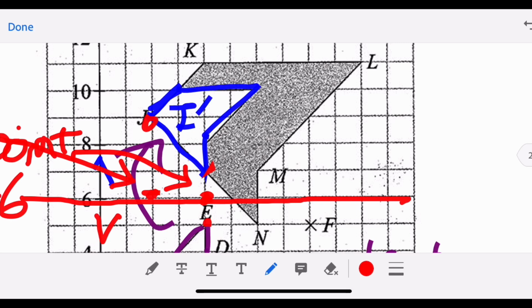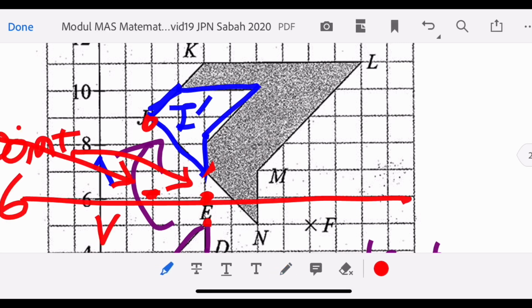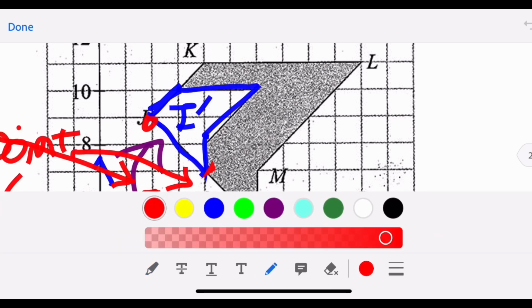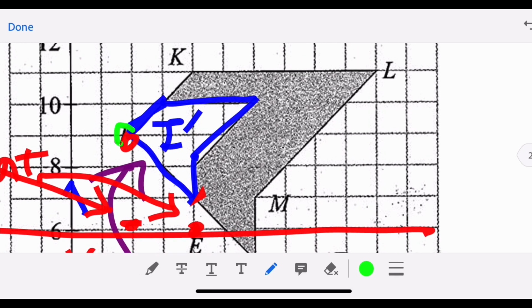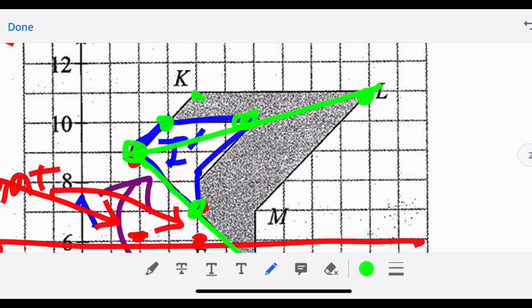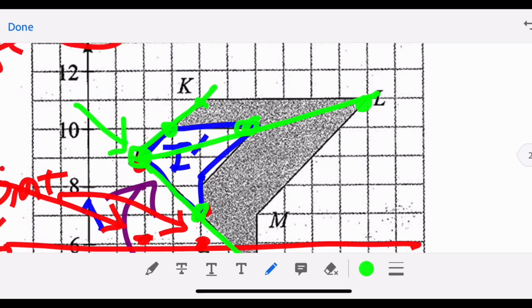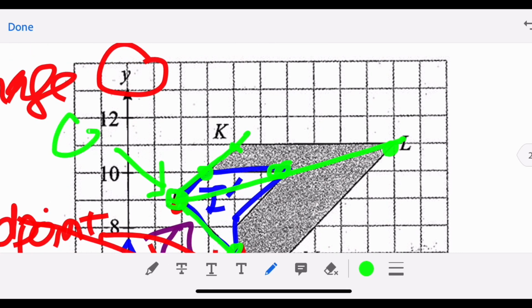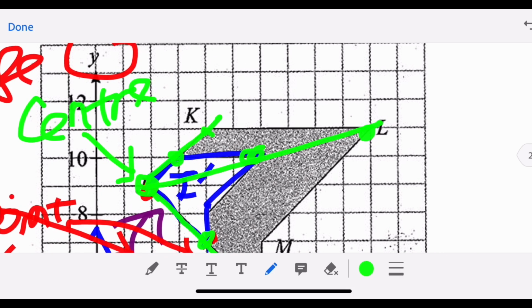Now, after you transform the object to the first image, do you know that the first image now will be the object for the second transformation? For the second transformation, you must use the first image. You are not allowed to use the object given. So obviously, from the first image, you want to get the bigger one, the final image in gray color.